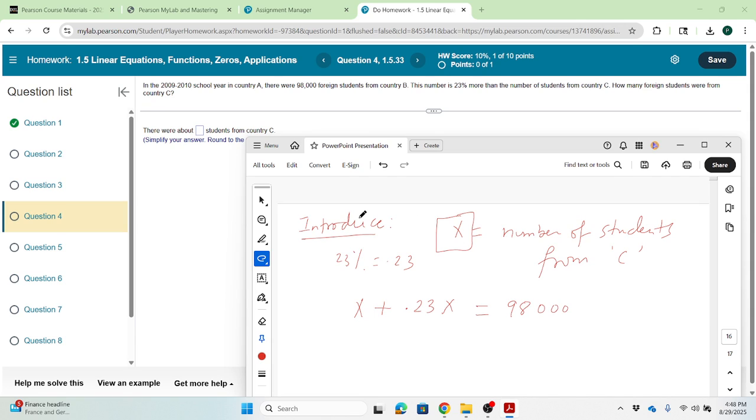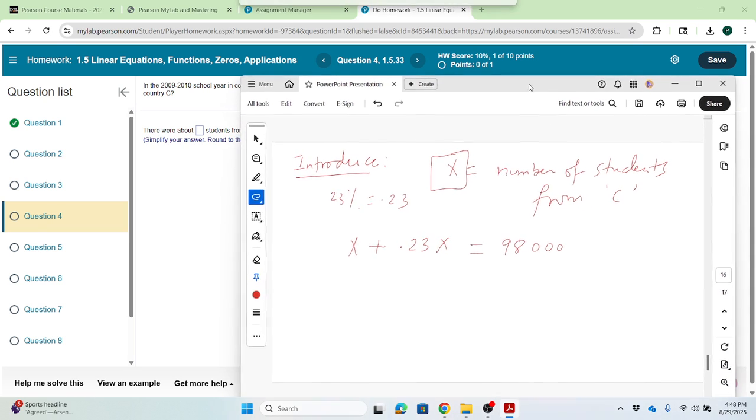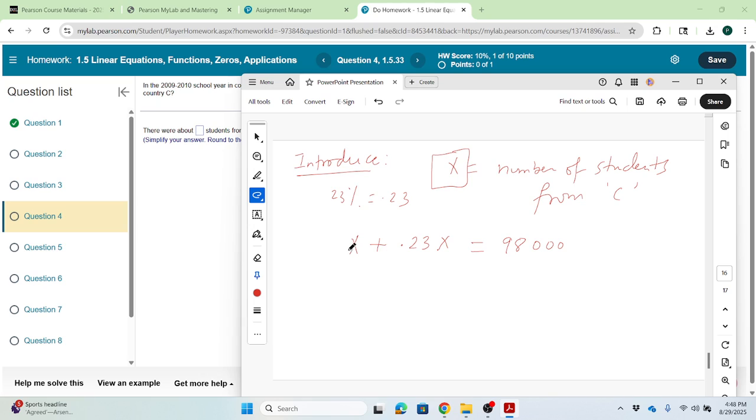That is the information we are given here. The students from country B number 98,000, which is 23% more than country C. So you have to multiply x by 23%. Now to solve for x, you can just add 1 plus 0.23x, it's actually 1.23x, and that is 98,000.